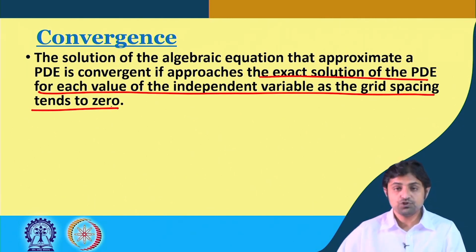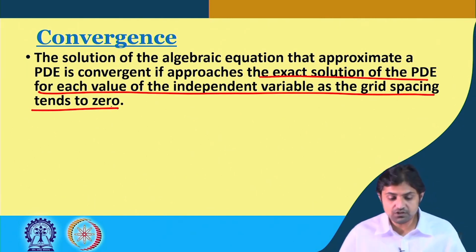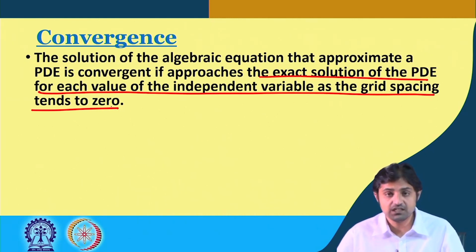Not the combination of different variables, but for each and individual variable, for example x and y are the independent variables. For each of these x and y, this should converge to the real original solution of the PDE, then that means the solution is convergent.